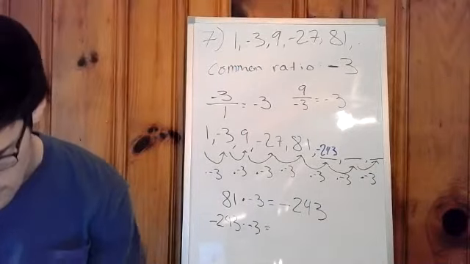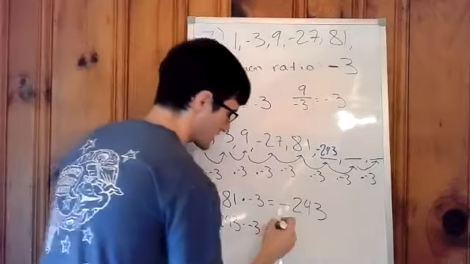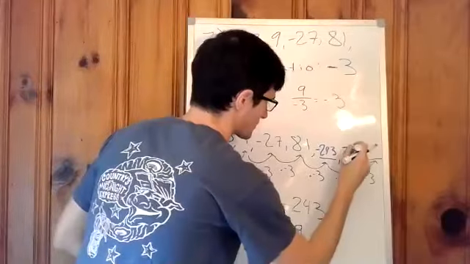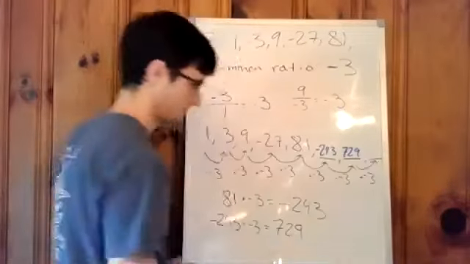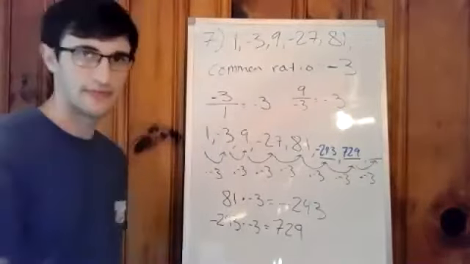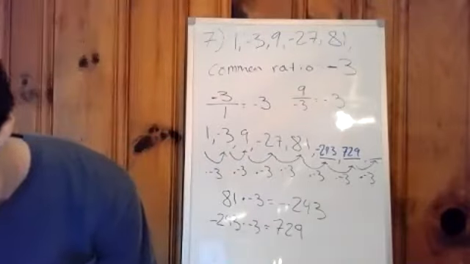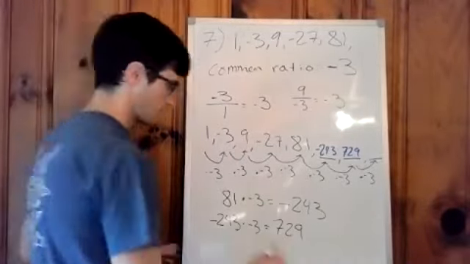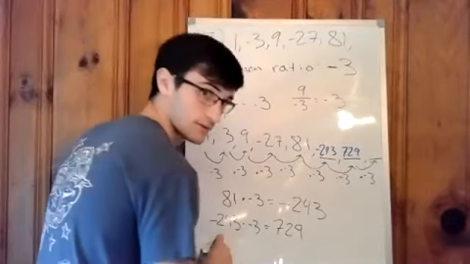That's going to give me 729. So 729. Okay, and I'm going to multiply that by -3. This is a big number. So can you see this down here?